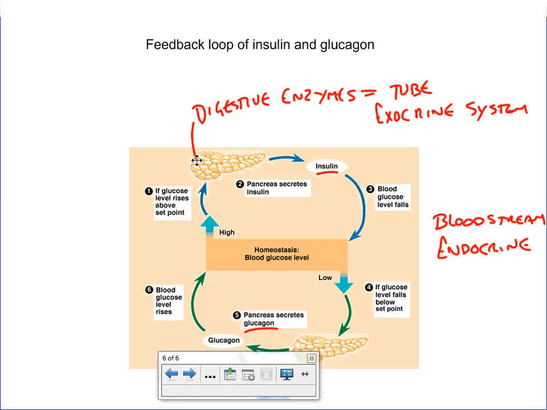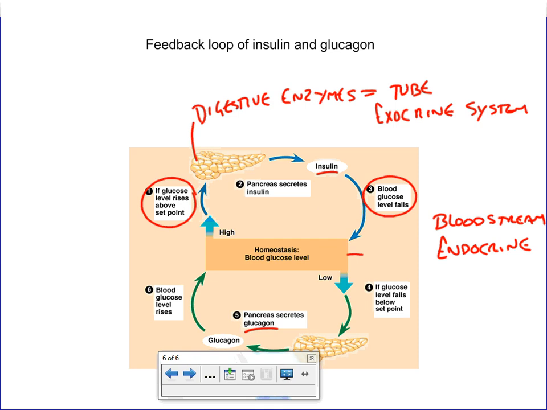The endocrine part is doing this negative feedback control where if glucose levels get too high in your blood, it secretes insulin, and insulin's like a little key. It opens the door of your cells, allows glucose to get into your body cells and out of the blood, hence the blood glucose level falls back to our normal level.